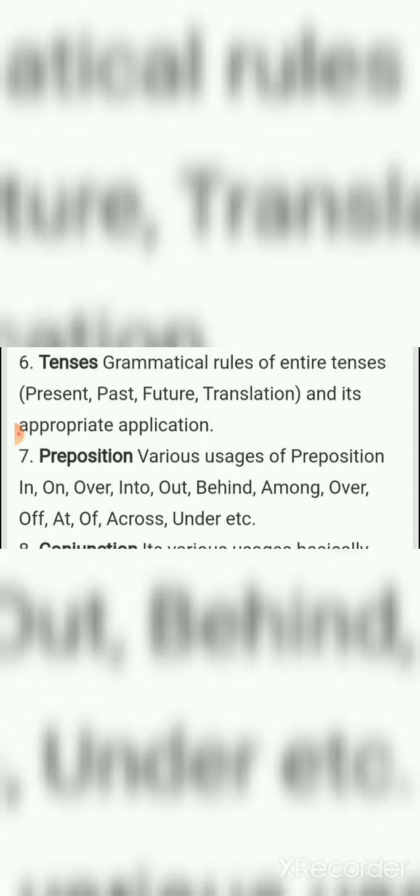Prepositions, various usage of prepositions: in, over, into, out, behind, among, of, at, across, under. Now conjunctions, its various usage, basically neither nor, either or, because, not only but also, scarcely, barely, hardly when, although, but, and, no sooner than, such as, so that. These are the paired conjunctions.